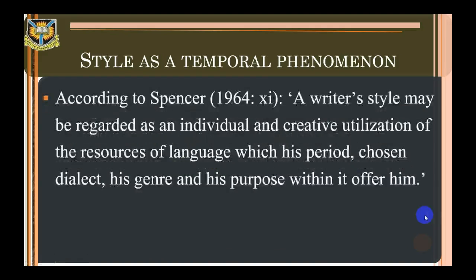According to Spencer, 1964, a writer's style may be regarded as an individual and creative utilization of the resources of language which his period, chosen dialect, genre, and purpose offer him. Style as situation.